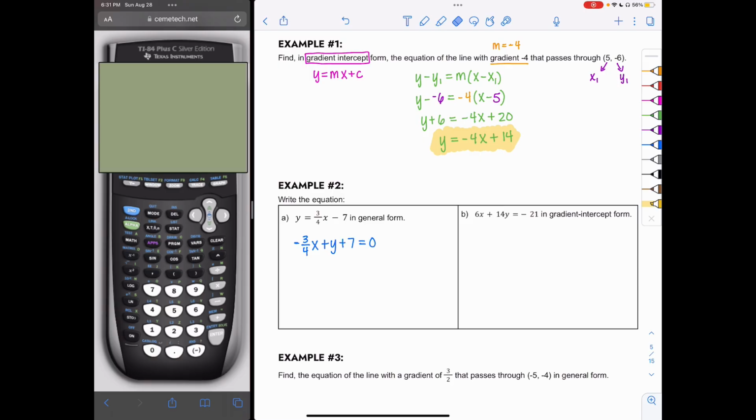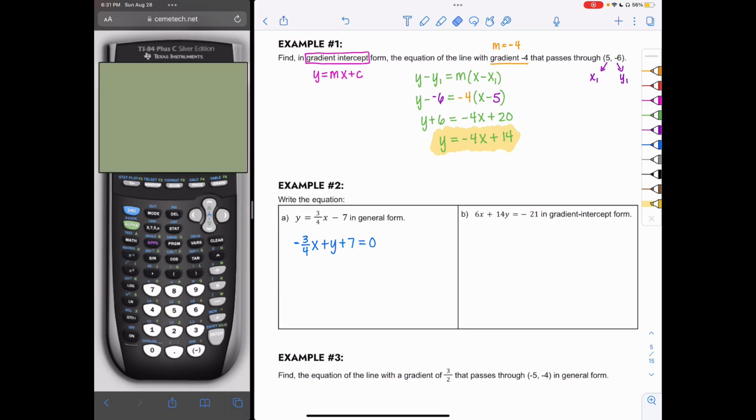So now that I have everything equal to 0, I then need to make sure that I have all integers or whole numbers. So I see that I have negative 3/4, so I need to get rid of that division. And the opposite of division is multiplication. Just make sure you understand and you remember that whatever you do to one term, you have to do to all terms.